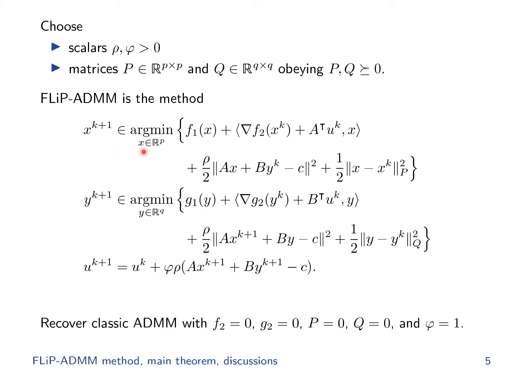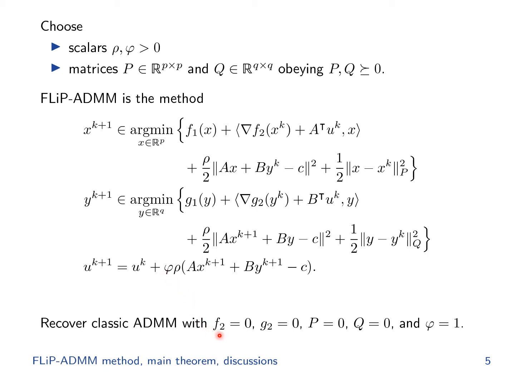When it updates x, it minimizes f1 of x, the inner product of x with the gradient of f2 at xk, and the dual variable multiplied by A transpose, plus the penalty term, plus the proximity term induced by matrix P. Similarly, when we update y, we minimize g1 of y and use the gradient of g2 at yk, the uk term, the penalty term, and the proximity term induced by matrix Q. And when we update u, not only do we multiply rho with the constraint violation, we also add an extra scalar phi there.